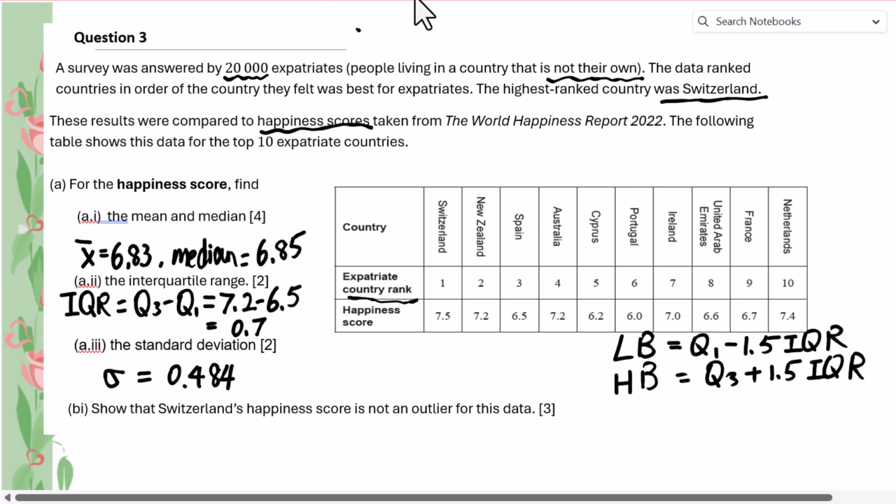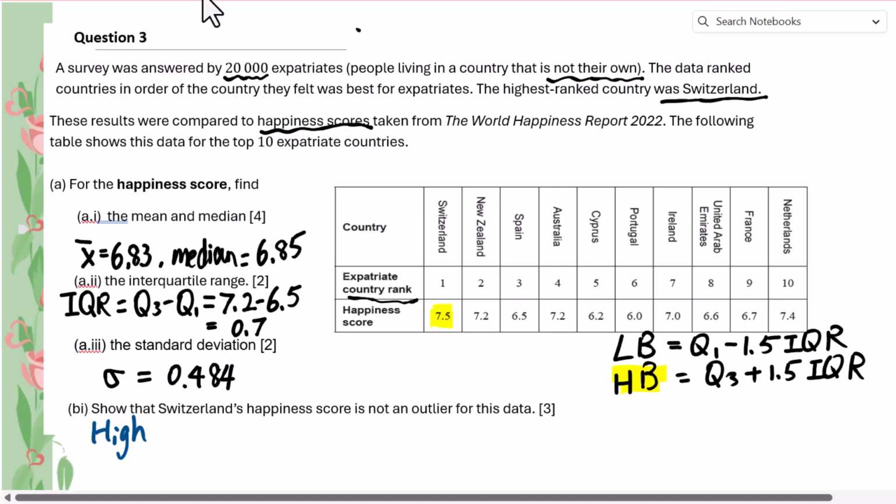Since 7.5 is the highest score in this data, we will work out a higher bound first, then compare 7.5 to higher bound to get the conclusion.